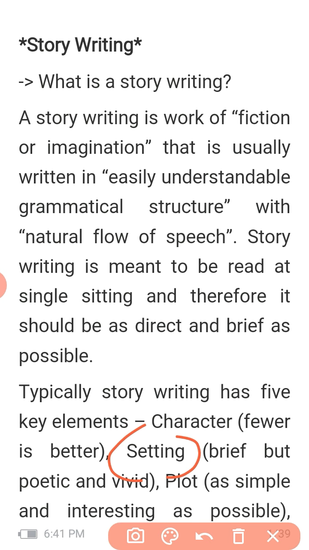Setting means the background of the story, the things, the props used. मतलब किस जगह पे, गार्डन में स्टोरी है, कमरे में है. कमरे में क्या चीज़ें रखी हुई हैं, what all props are used.